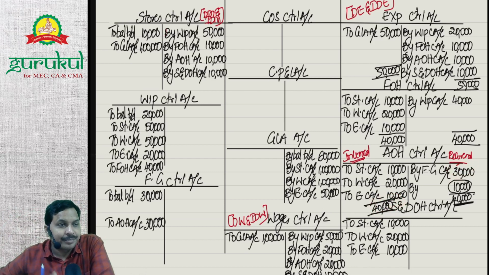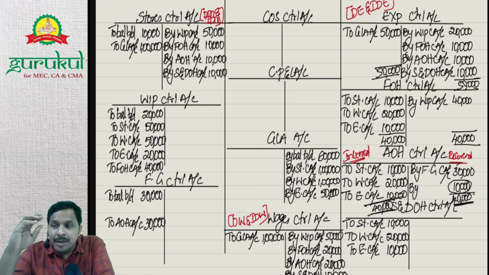Next, where should we transfer it? You cannot say directly cost in P&L account. Now you should say overhead under or over recovery. We had a total of 3 methods: use of supplementary rate, carry forward method, and charge it to costing P&L account.